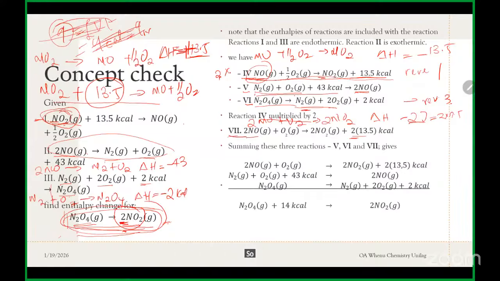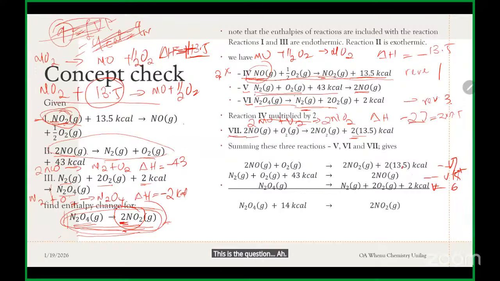So putting all the equations together: this is equation 5, equation 6. Am I correct? No, so this one is equation 6. This is equation 5. This is equation 7.